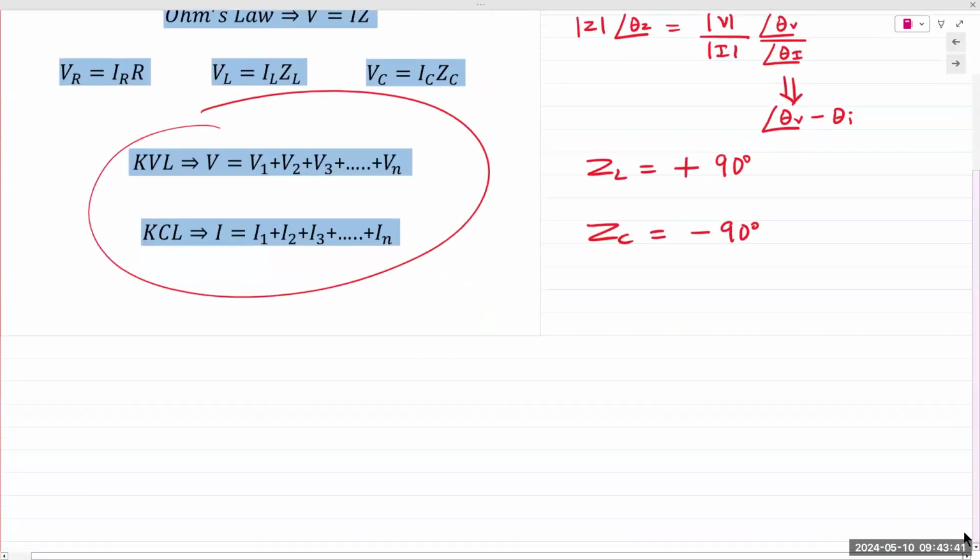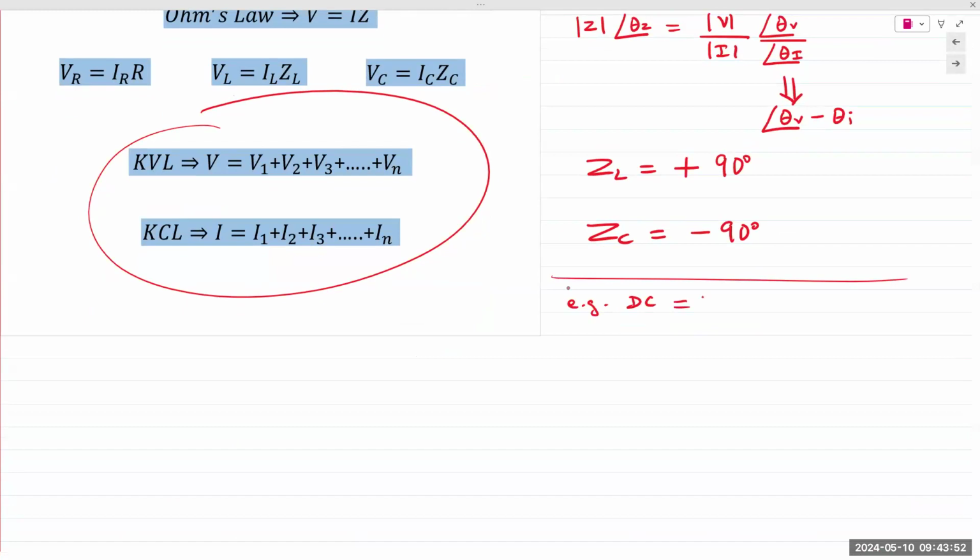Let's say, and I'll use an illustration example, you have a DC circuit. As an example, a DC voltage of, let's say, 10 volts applied to a series network of resistors. You don't have to draw anything out.